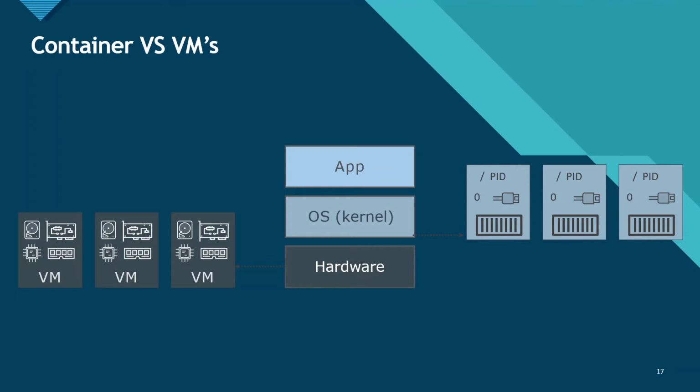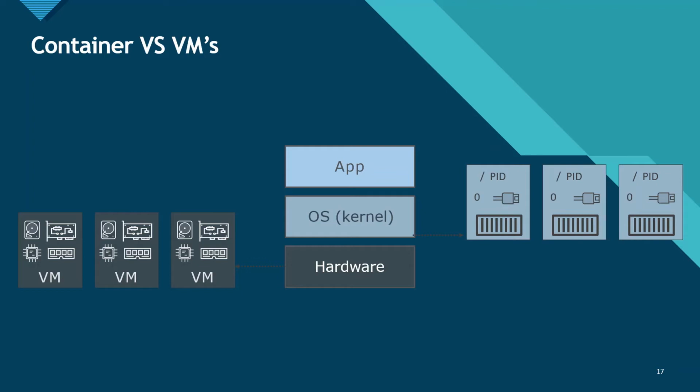In the VM world, we can virtualize the whole hardware and provide chunks of it, and then we deploy another operating system on those chunks of VM, and then we deploy our apps. So it takes a really long time to start up, and it also takes a longer time to kill or stop that VM.